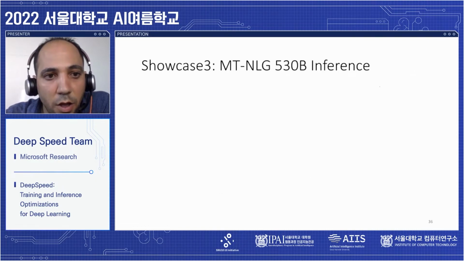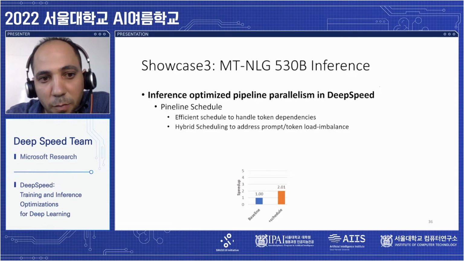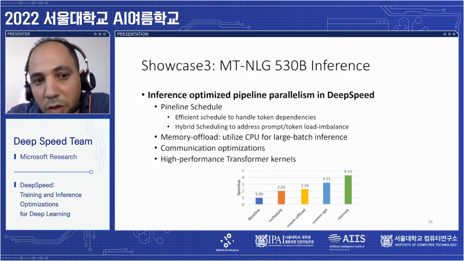So here, next, we show the improvement of each of these techniques. First, by the pipeline schedule, we can get up to 2x improvement. Next, by using the memory offload, we add another 25% improvement. With communication optimization, we have another X of improvement. And by using our transformer kernel, we can get up to 4.3x better throughput for this 530B inference system.